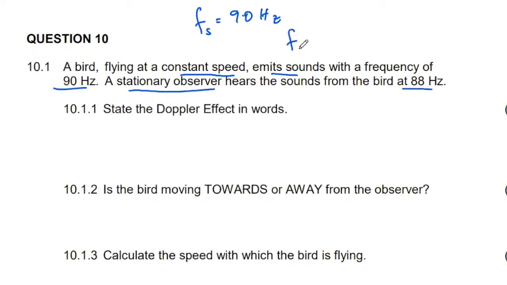So the frequency of the listener is 88 Hertz. The velocity of the listener or observer is 0, since the observer is not moving. The source is moving at a constant velocity, which we don't know.